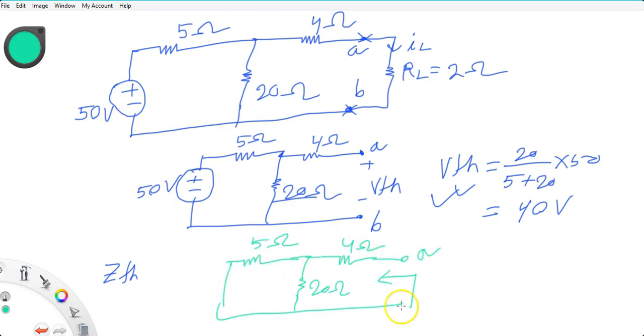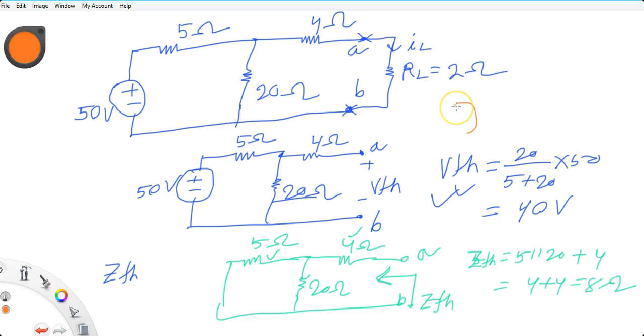Then this is your A and B, and this is your ZTH, that is, the Thevenin impedance is the impedance looking back from the terminal AB. ZTH is equal to 5 parallel 20 plus 4 ohm. So 5 parallel 20 is exactly 4 ohm, then plus 4, that is 8 ohm.